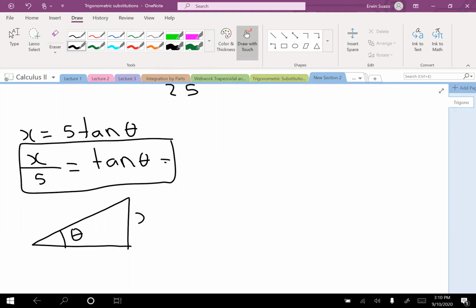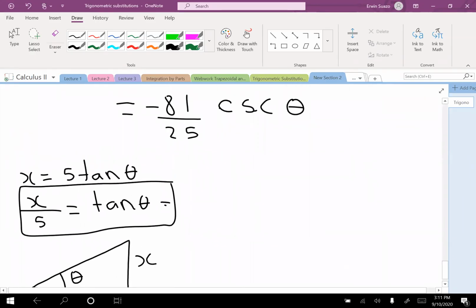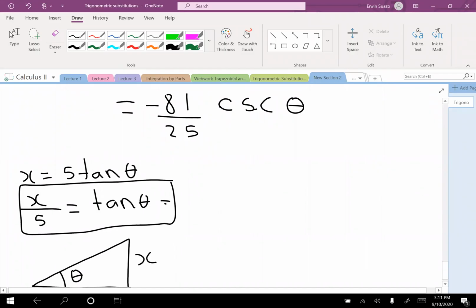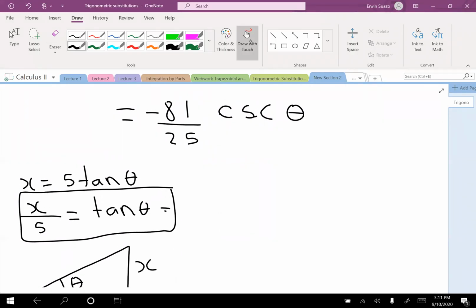So we need to find the hypotenuse because we need to find cosine of theta. Or if you want, cosine of theta is also 1 over sine of theta. So we need to find sine of theta.